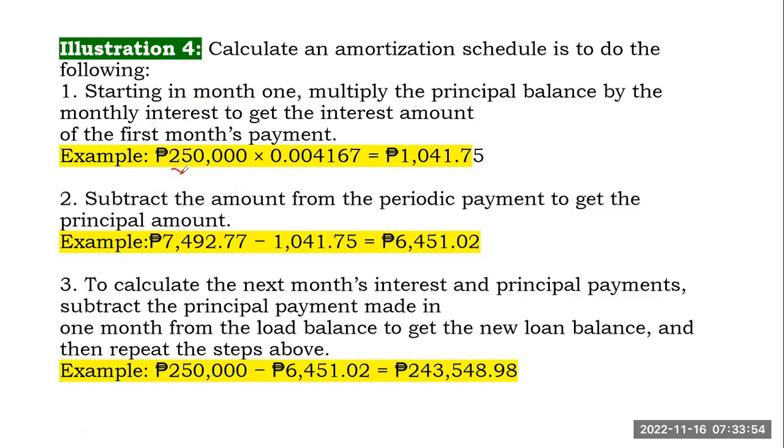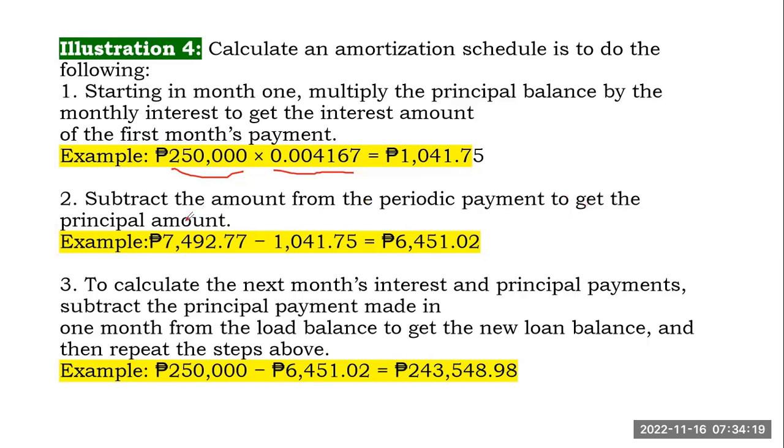So, 250,000 times, ito yung monthly rate natin, 0.04167. And that is equal to 1,041.75.